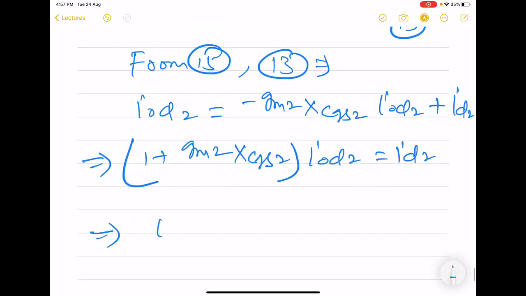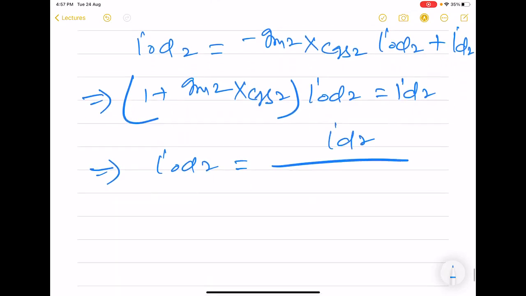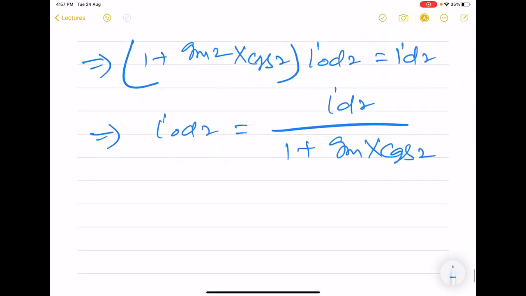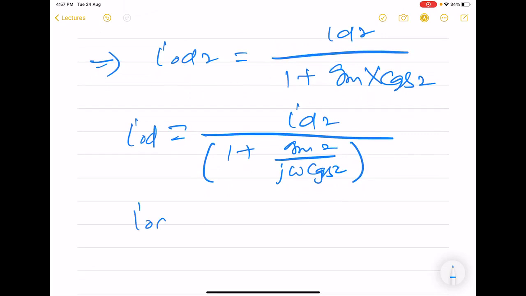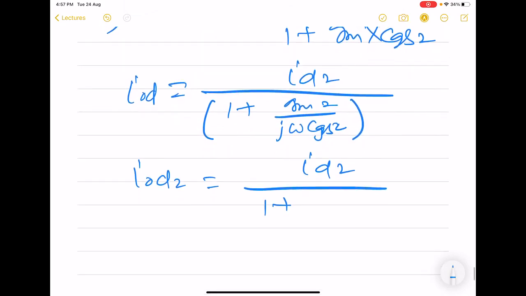So from here we can find out our desired unknown quantity, IOD2 equals ID2 divided by 1 plus GM XCGS2, which can be written as 1 plus GM2 divided by j omega CGS2. And this can be written in terms of omega T2, 1 plus omega T2 divided by j omega.